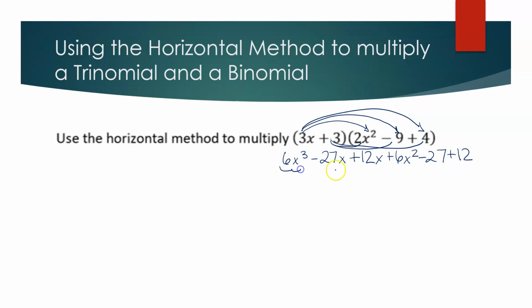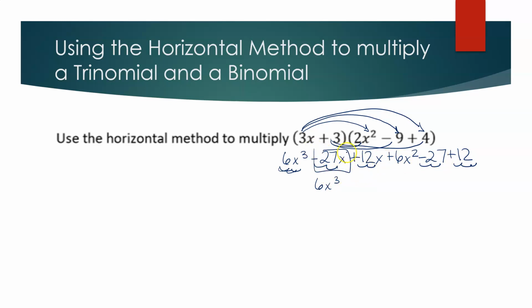So I'm going to combine everything. Here, these two you can combine, and these two. So I have 6x cubed, these two go together.